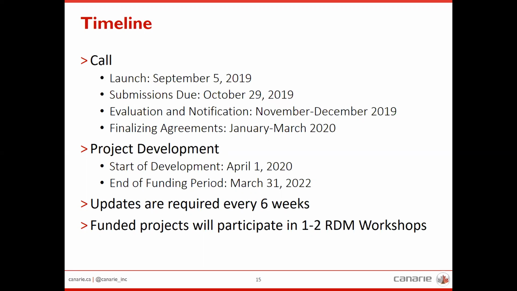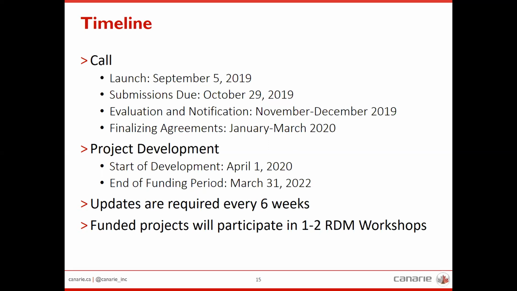As with all Canary research infrastructure projects, there is an update call between Canary colleagues and the project team on the funded project every 6 weeks. So those will also be in effect for successful projects in this call.